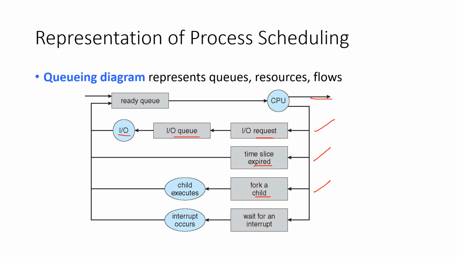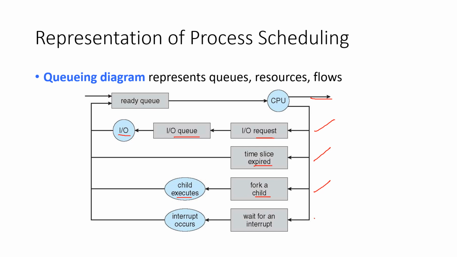In that case, that particular file's software is loaded, and so it is creating a new process. At that time the child process starts execution and it goes into the ready queue because it also requires CPU attention.